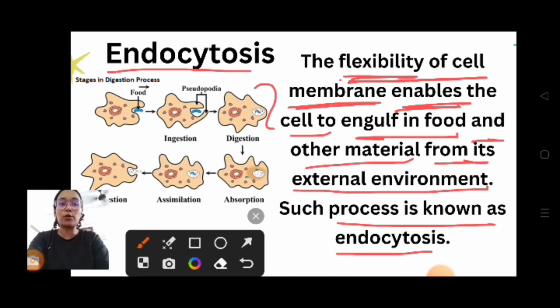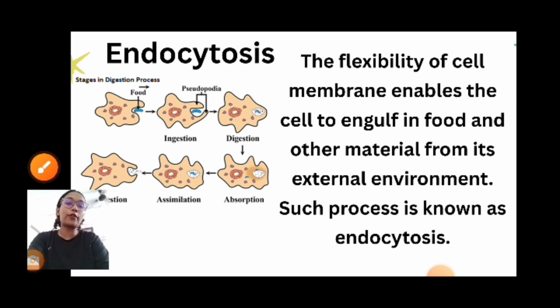In this diagram you can see endocytosis. It happens in amoeba. Whenever the amoeba sees food, with the help of the flexibility of the cell membrane, it engulfs the food and takes up other materials from the external environment. This process is called endocytosis. Understanding? Then moving on to the next slide.